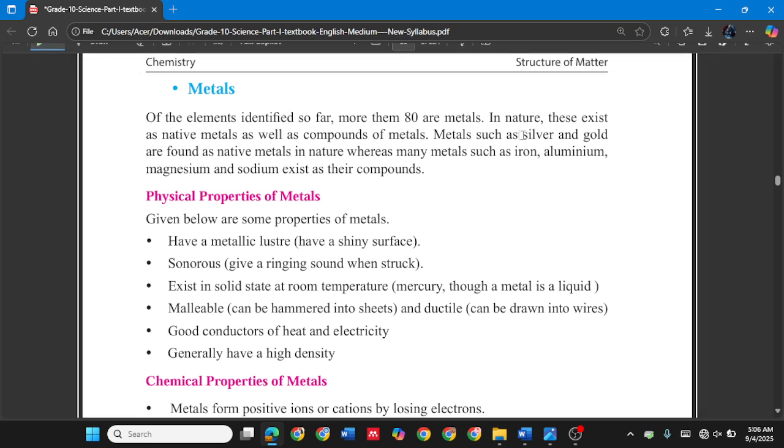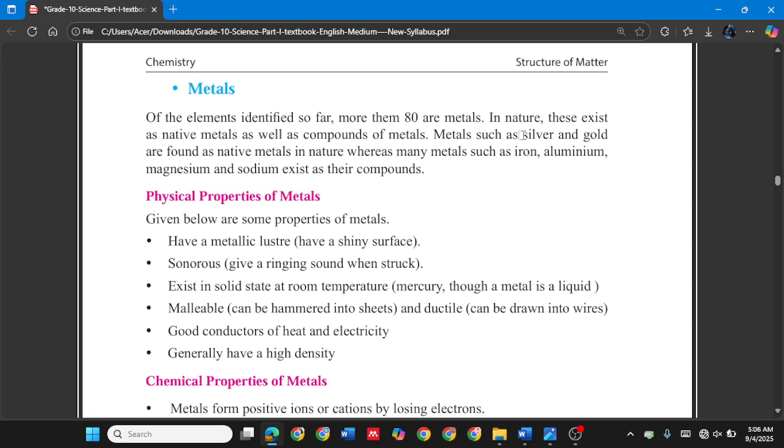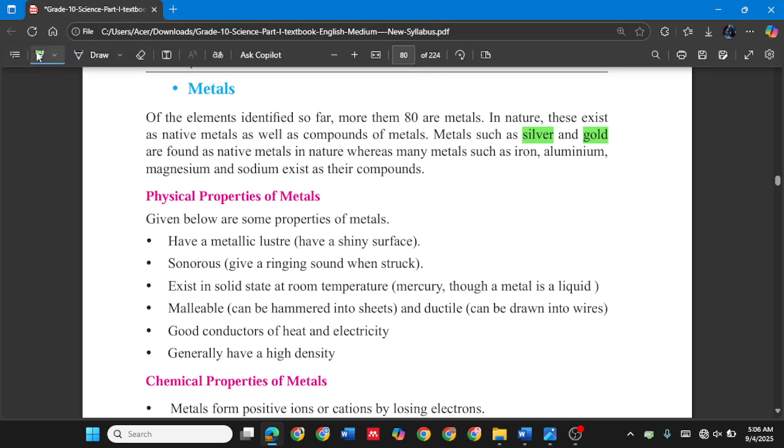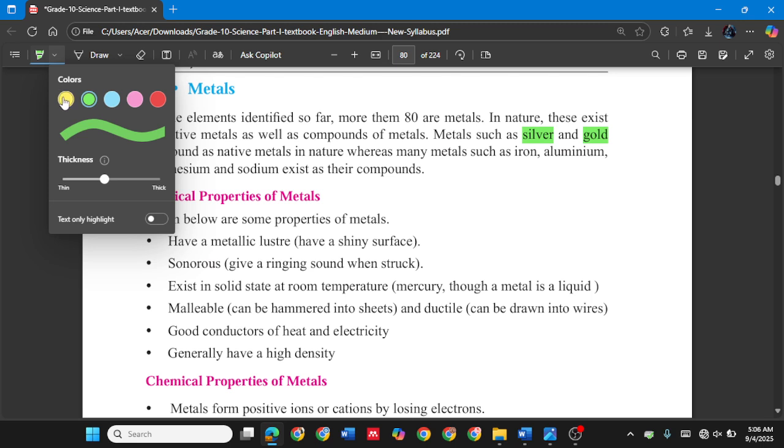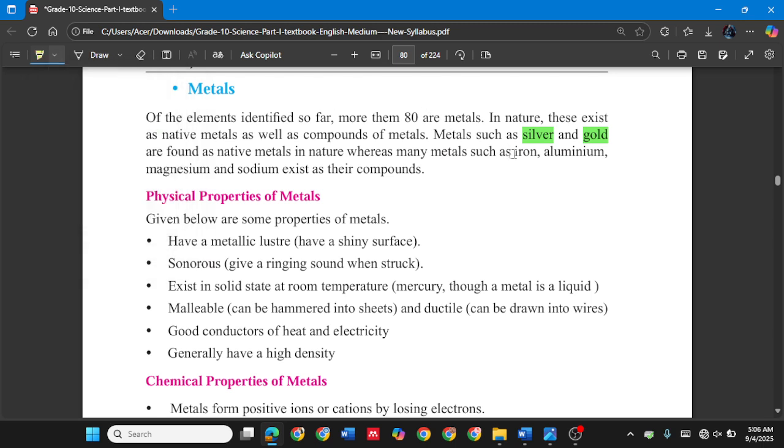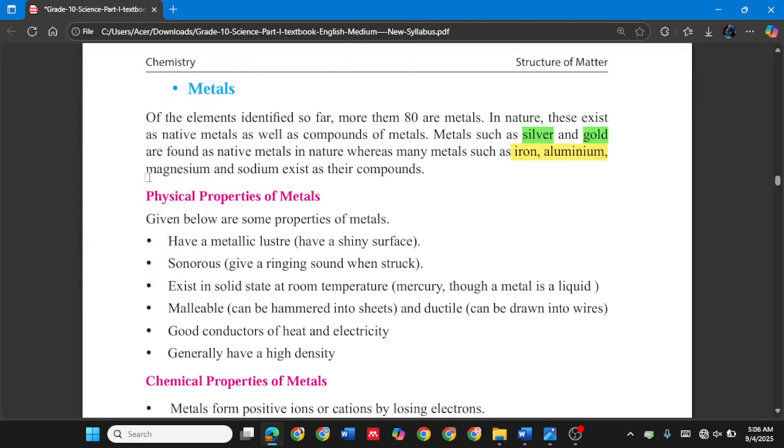When we discuss the activity series, they have comparatively low reactivity than iron, aluminium, magnesium, and sodium. So they have less reactivity.